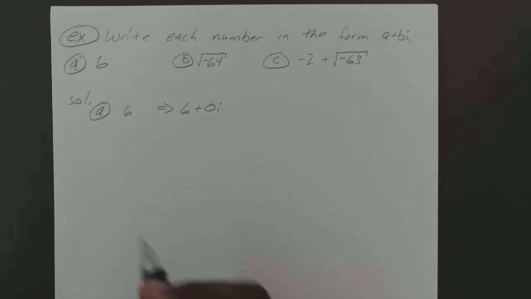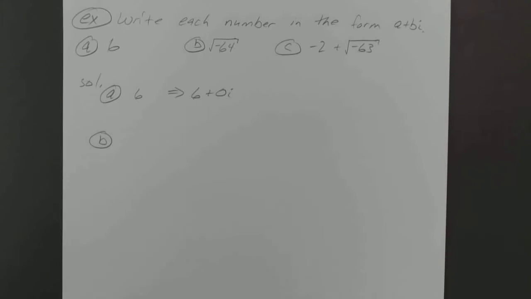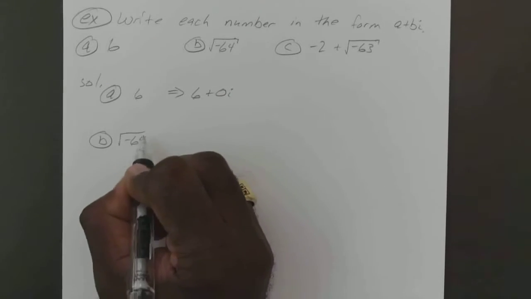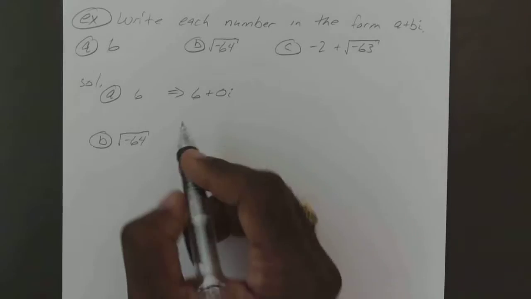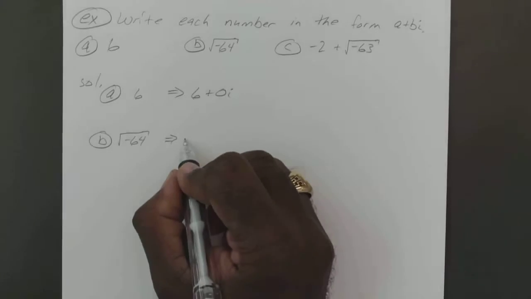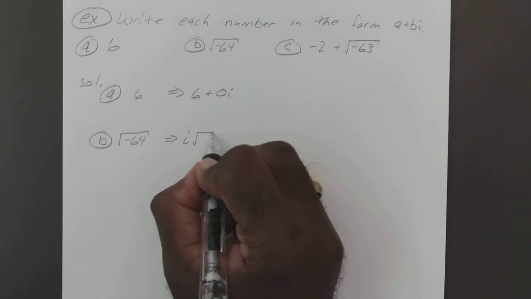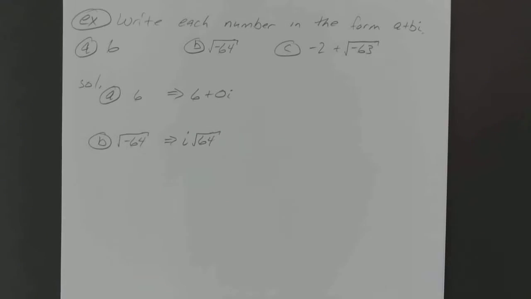Okay. So for B, remember, square root of negative 64, if you wanted to, you can make it negative 1 times 64 and then break them apart. But whenever you have that number there, you already know that's just going to be square root of 64i, or i square root of 64. So you can skip the breaking apart section if you want to.